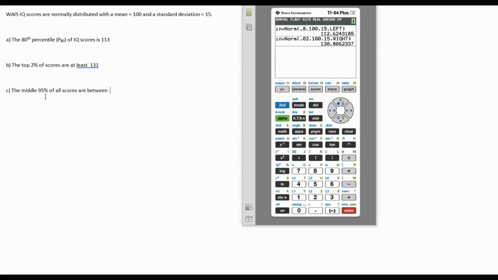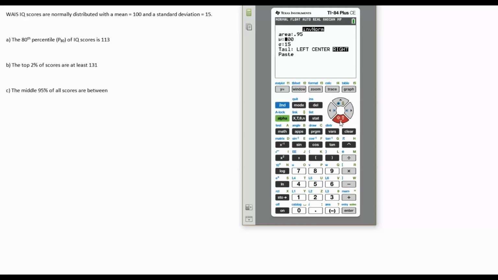Then it asks, what about the middle 95% of all scores? Okay, so the middle 95% of all scores will be the center, the middle. So I come in here and I say second vars for distribution. I choose inverse norm, and it says 95%, so 0.95.